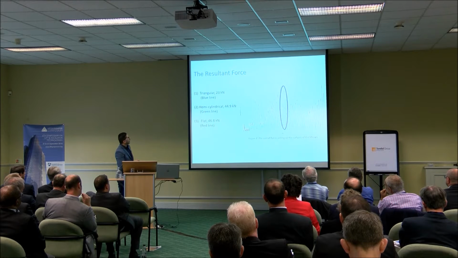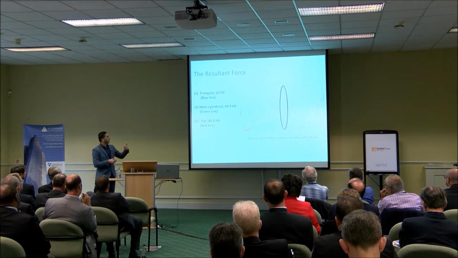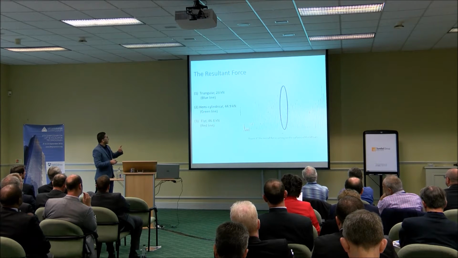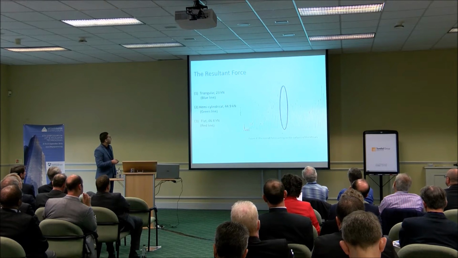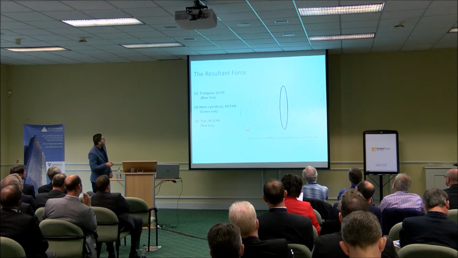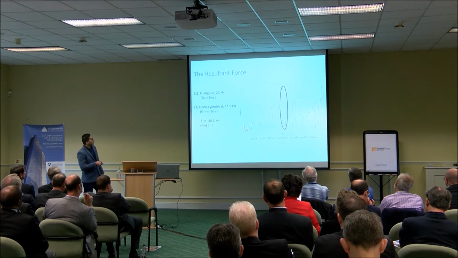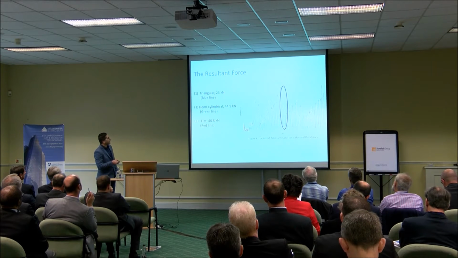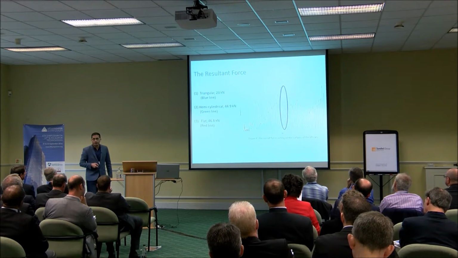The red line represents the resultant force that acts on the flat lift, which is the highest value, 46.8 kilonewton, and the green line represents the resultant force that acts on the hemicylindrical lift, and we have the lowest value, 23 kilonewton, which acts on the triangular lift.